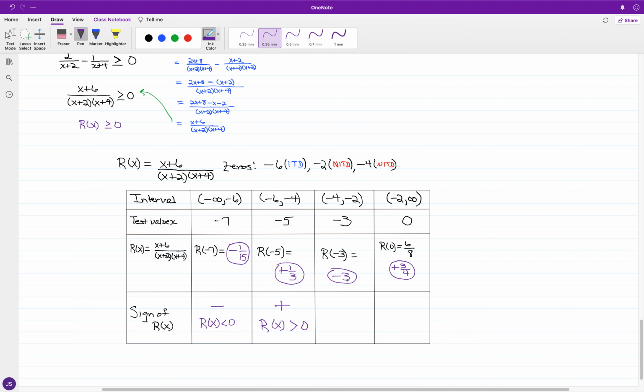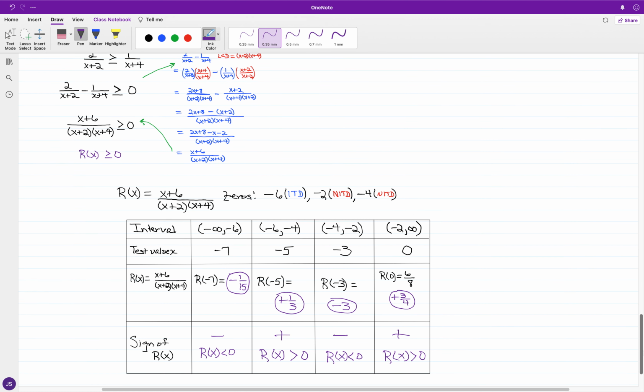Next, we have a negative output, so R of x is less than 0. And for the last case, we have a positive output, so R of x is greater than 0.